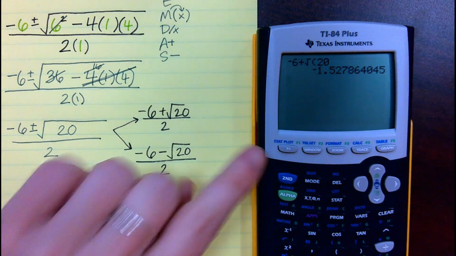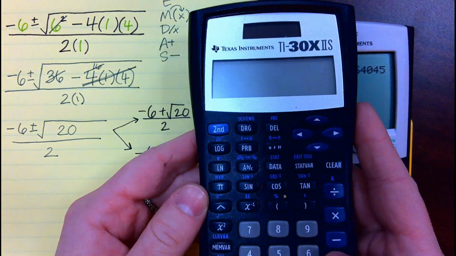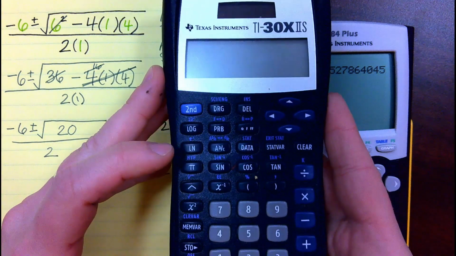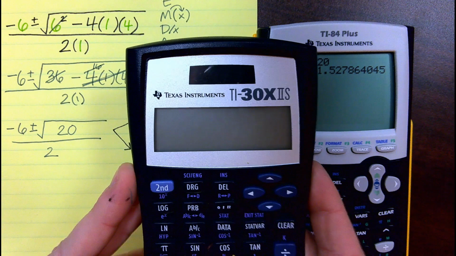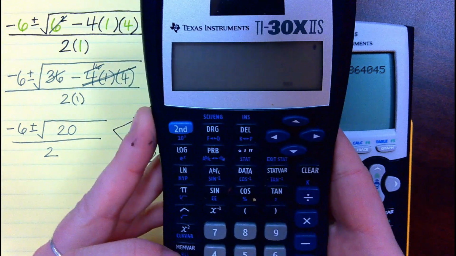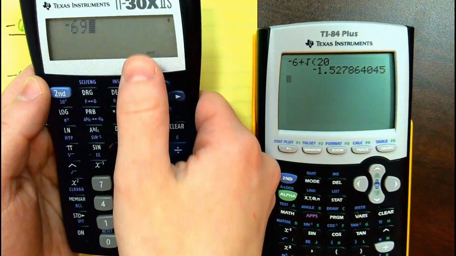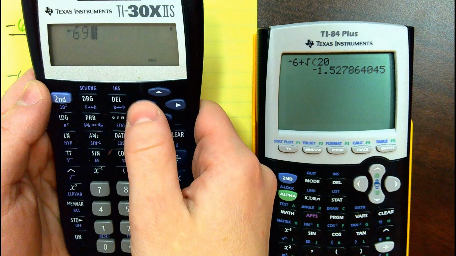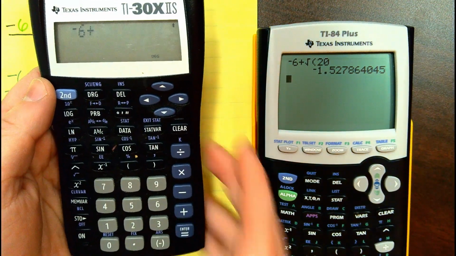So we will learn how to do this in detail, but you can actually do this on these calculators too. Yeah. So watch this. Negative 6. There's my negative 6. Oh, it's off. Hang on. All right. Negative 6. Oh no. Sorry, guys. Negative 6 plus. Okay.